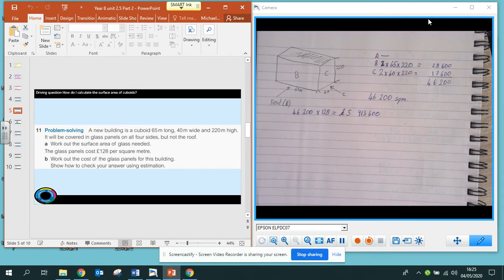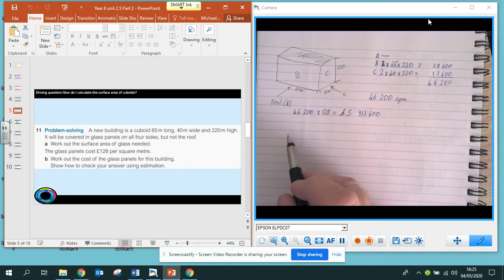Now, the question says, show how to check your answer using an estimate. An estimate isn't a guess. What we do is we round these numbers to one significant figure, that is one number, so we can do this in our heads.